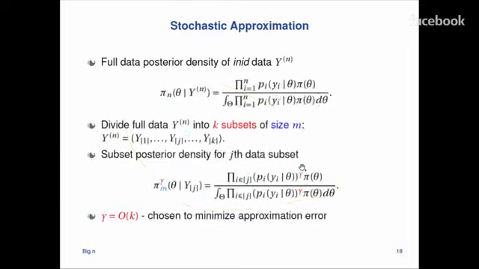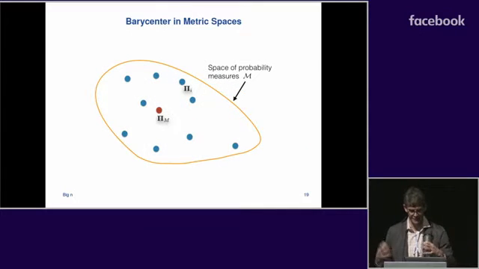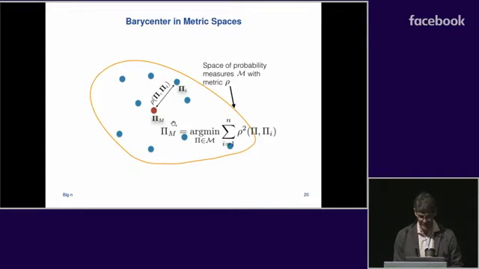Then we're going to use this notion of a Wasserstein barycenter, which has become increasingly popular. A lot of people are interested in the machine learning and statistics and optimal transport problems, so we're defining things as a type of optimal transport problem. We're getting a bunch of noisy approximations to the full data posterior based on subsets, and we would like to take some sort of central approximation, our barycenter, and use that as our approximation.